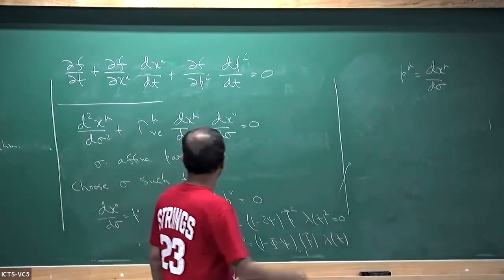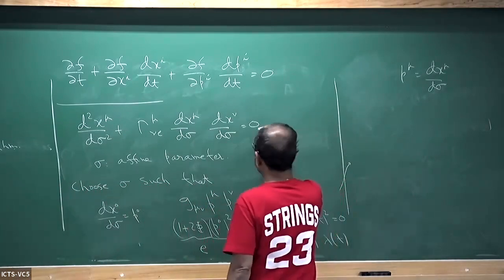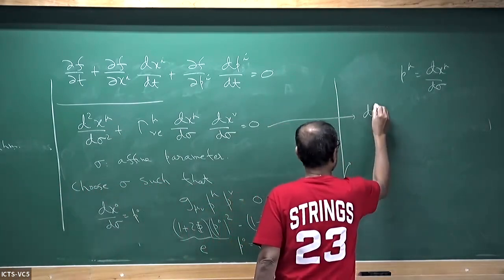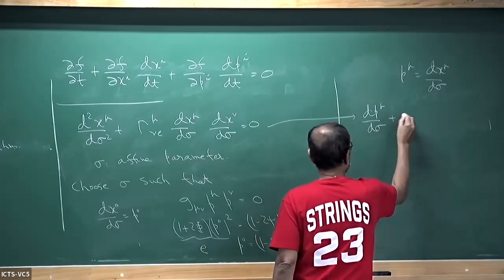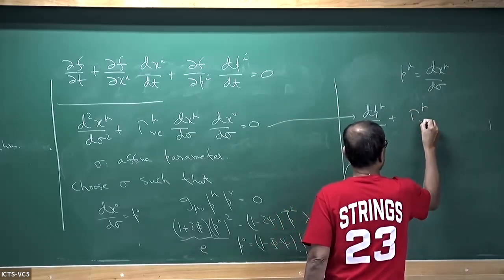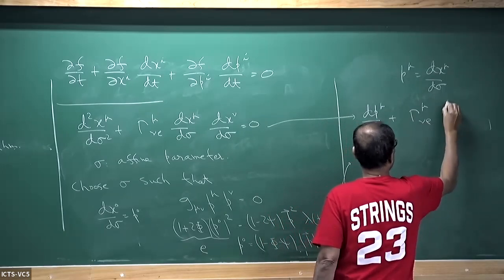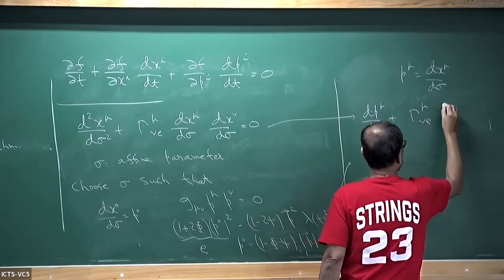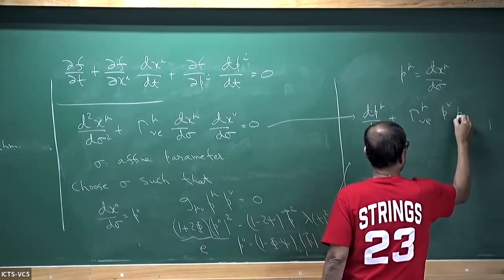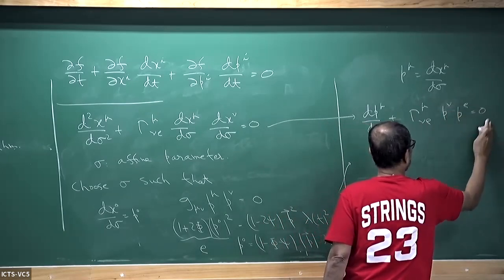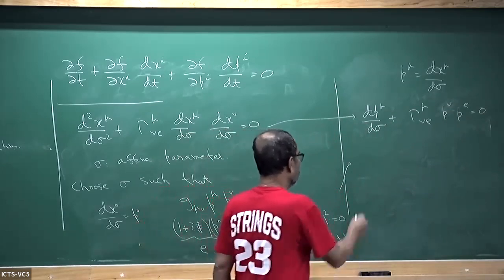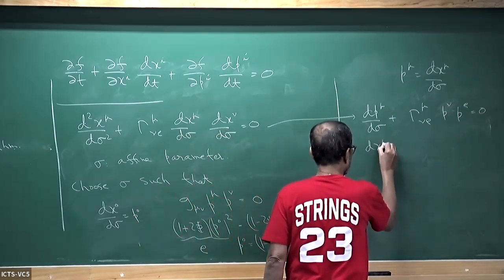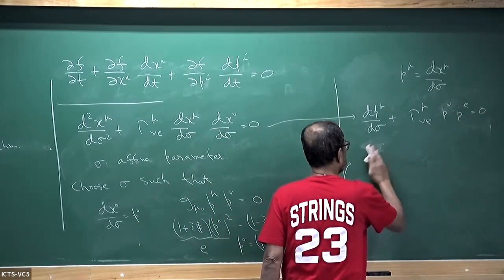So this equation can be written as dP mu d sigma plus gamma mu nu rho P nu P rho equal to 0. So this is one set of equations, and then dx mu d sigma is another set.